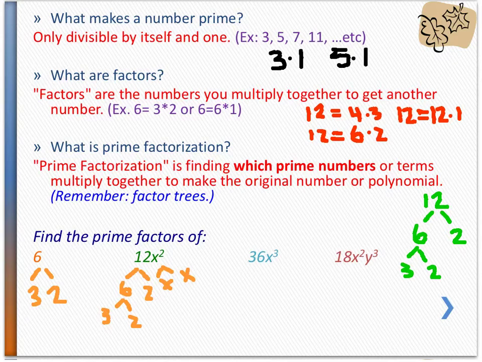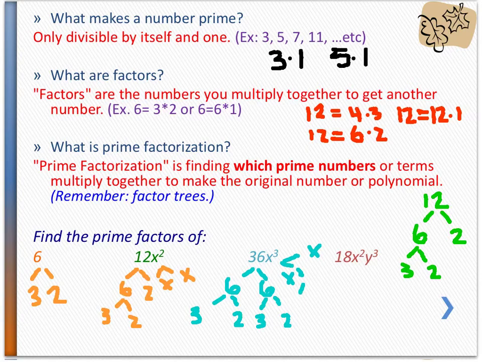36, well, 36 is 6 times 6, and then 6 breaks down into 3 and 2, 3, 2. x cubed would be x squared times x. Well, x squared is x and x. So you can see that the prime factorization would be 3, 2, 3, 2, x, x, x.